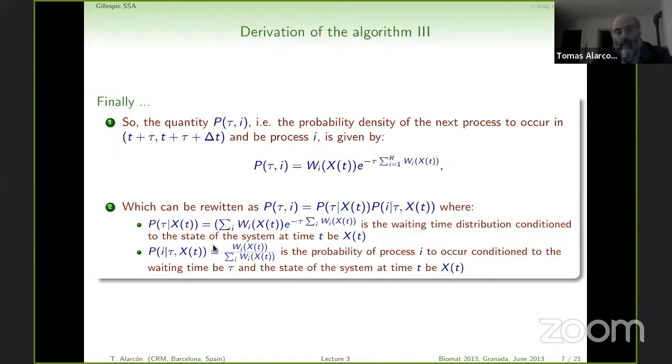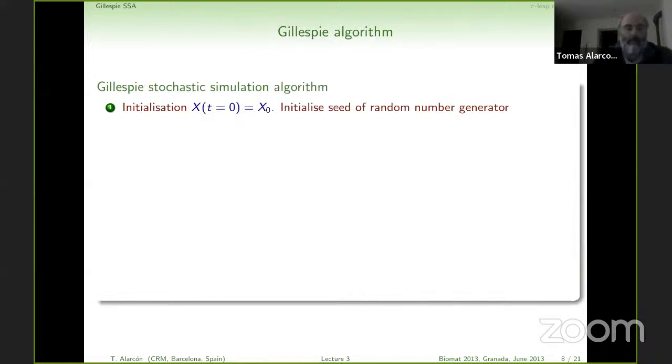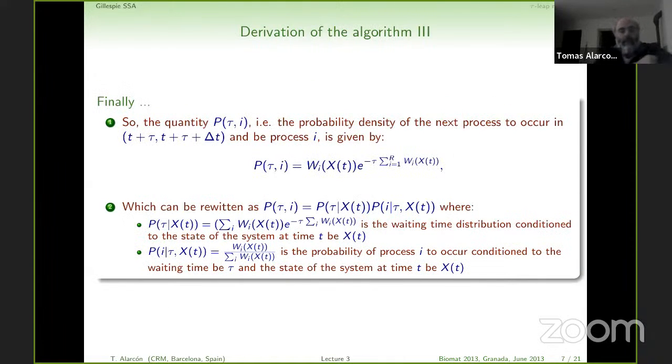Again, you can see that if you add this over all the possible values of i, it gives you something that is normalized to 1. So what we have done by rewriting the master equation in this way is we have transformed the master equation into a continuous time jump process.